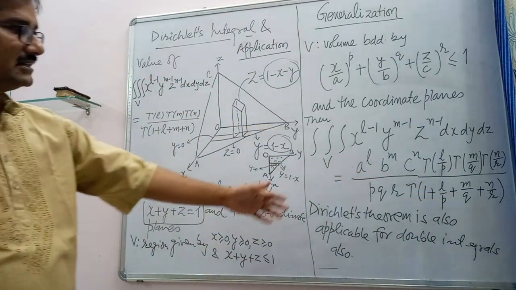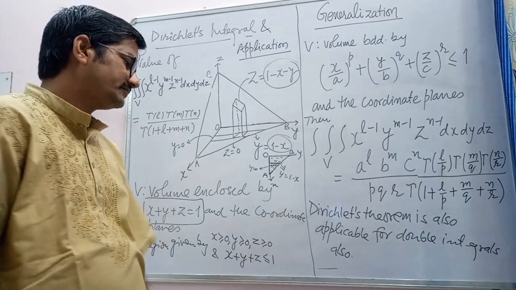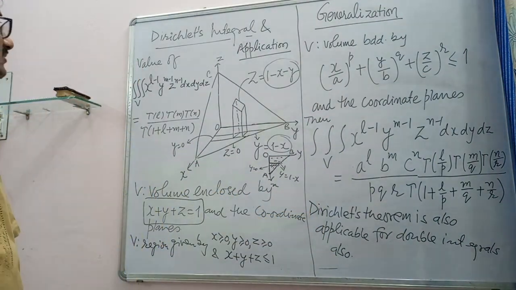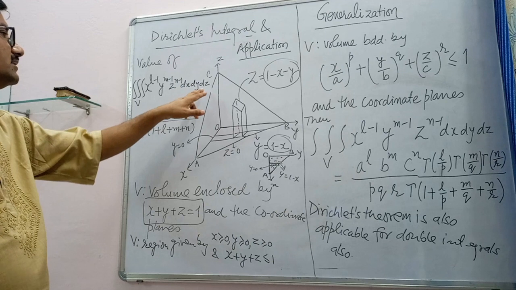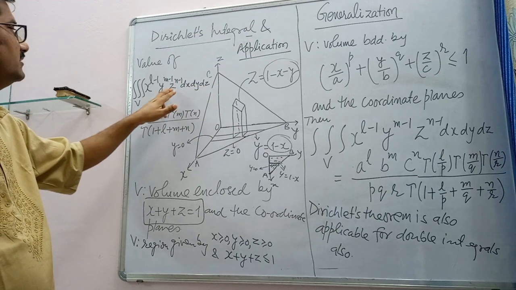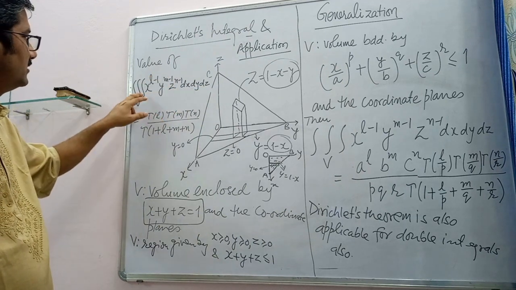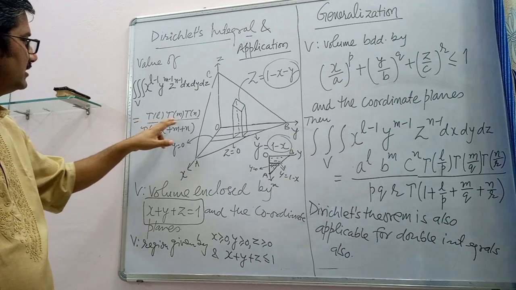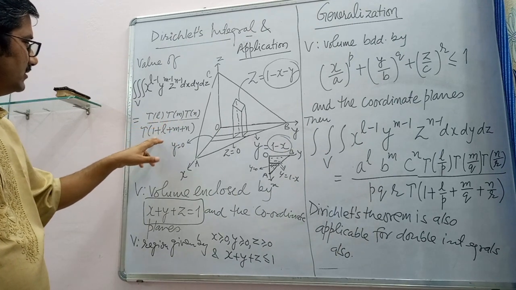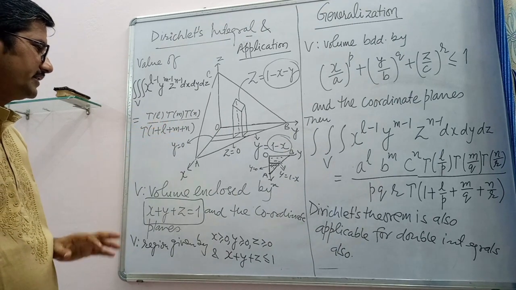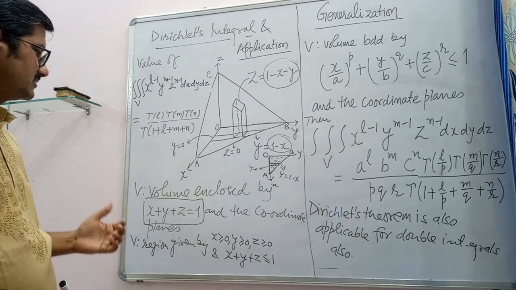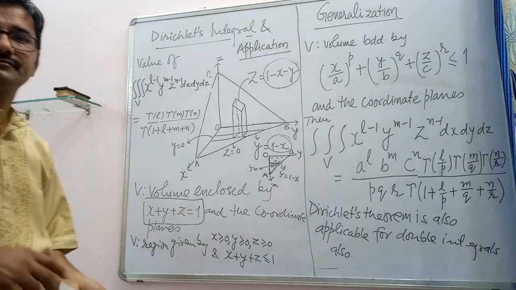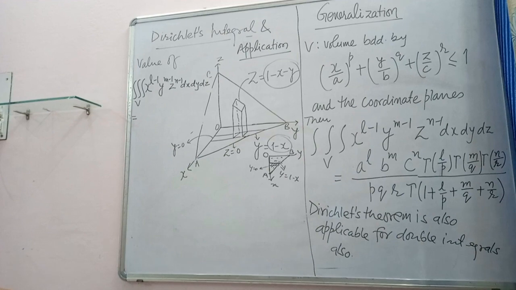So this theorem is also applicable for double integrals. If you remove dz and z to the power n minus 1, you will get gamma l and gamma m upon gamma 1 plus l plus m. Next we will discuss the proof of this.